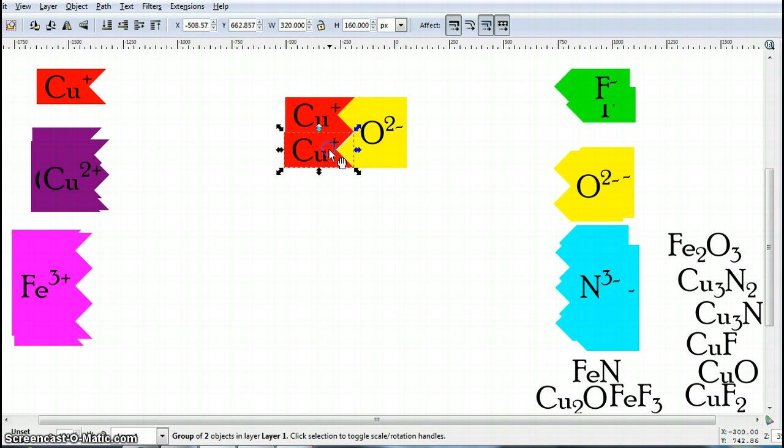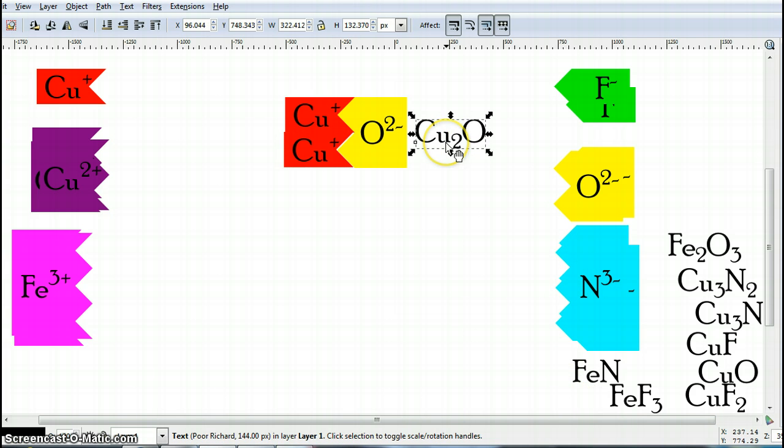What I would need here if I was using copper 1 oxide is two of them. So my formula for copper 1 oxide, this sounds a little bit weird, but copper 1 oxide is actually going to have the formula Cu2O, meaning it has two coppers for every one oxygen, or better stated, two copper 1s for every one oxygen. Okay, so this is going to be copper 1 oxide.